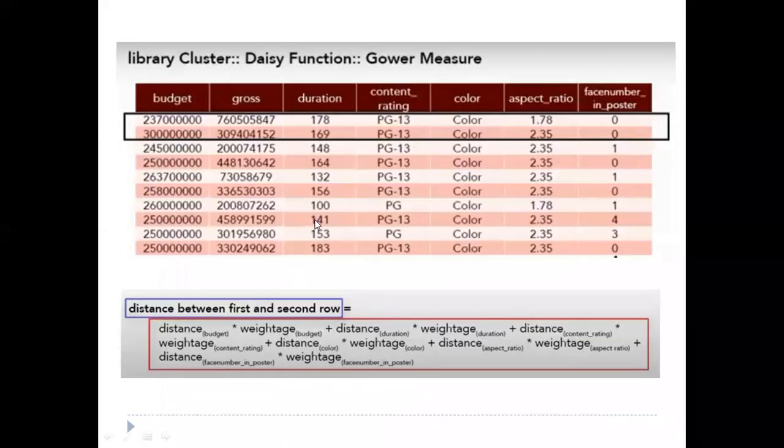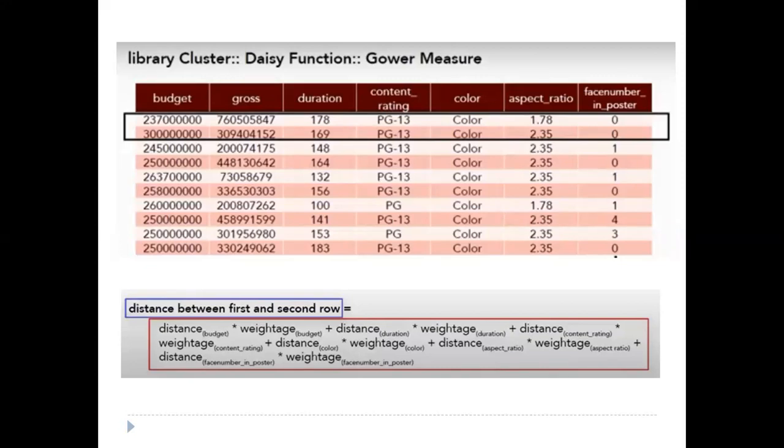Usually in R you will use the daisy function to calculate Gower's measure. The output of Gower's measure, the distance matrix, cannot be used directly in the k-means algorithm.